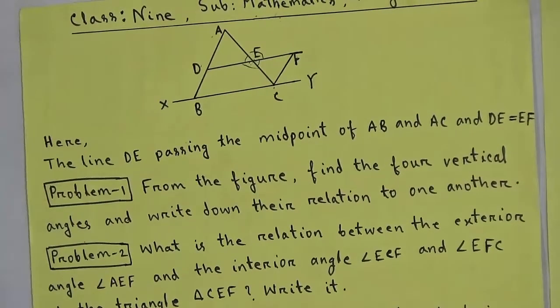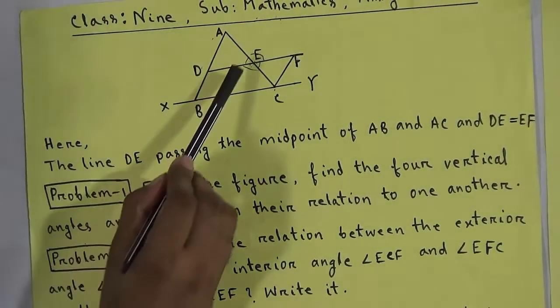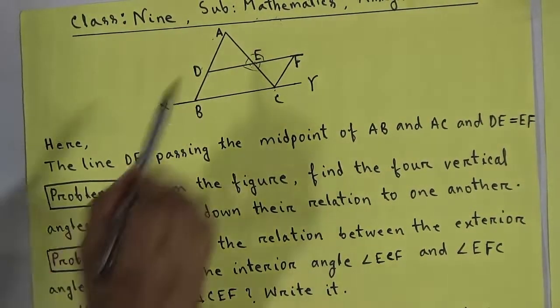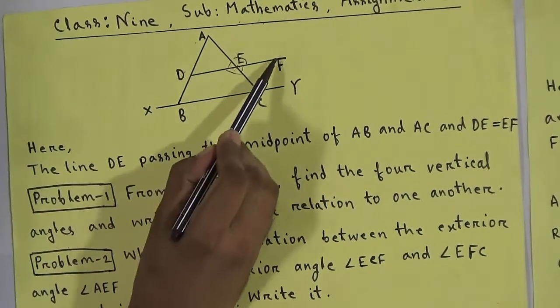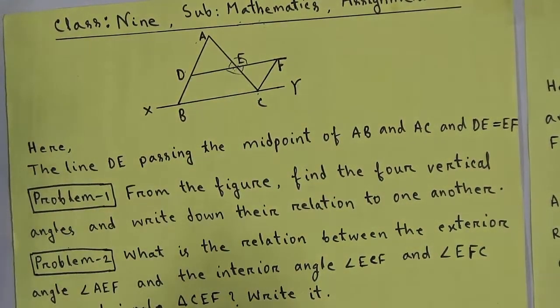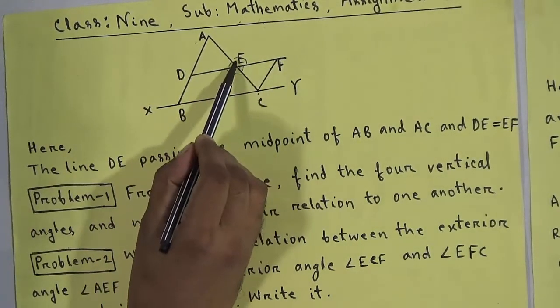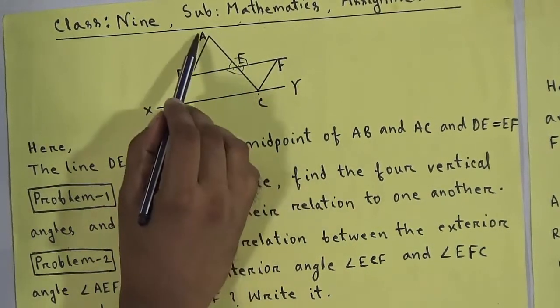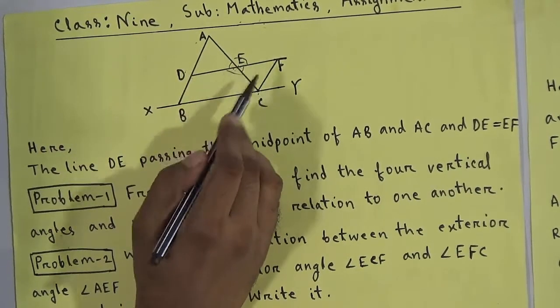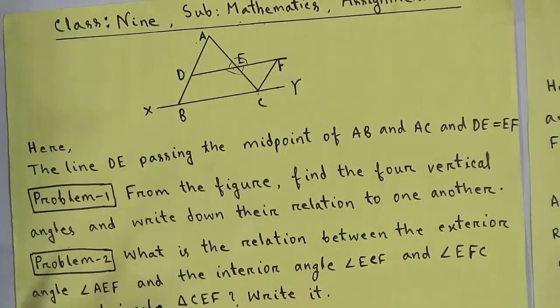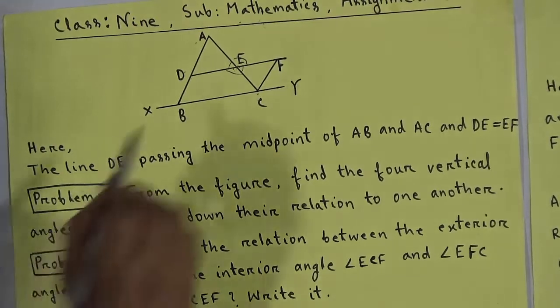Write it. Dear students, if you see the figure here, ECF is a triangle and AEF is one of its exterior angles.